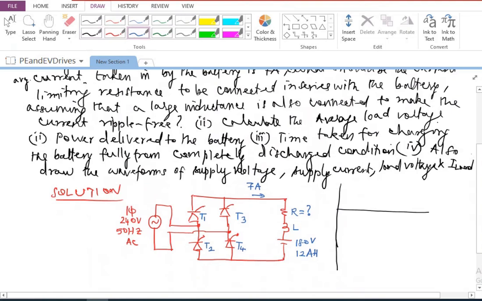So I'm going to have the voltage, supply voltage somewhat like this. And we are looking at a firing angle of 22 degrees. So this is going to be, say, 22 degrees.